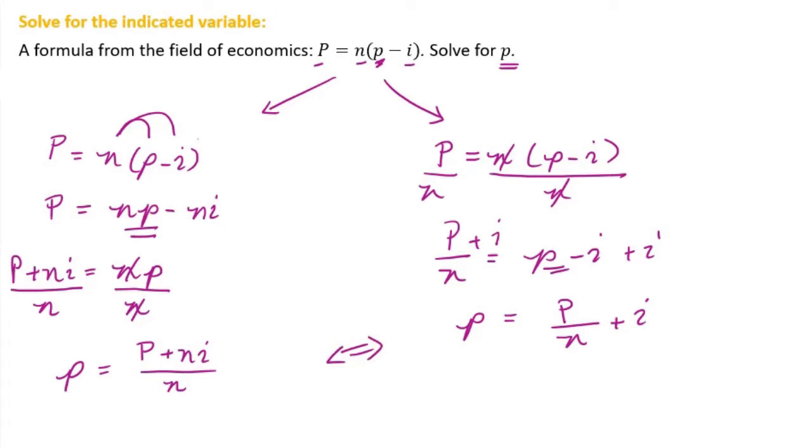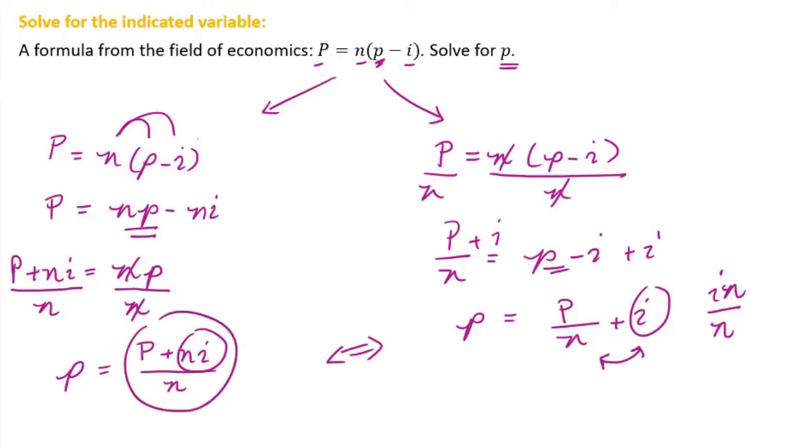I can think of adding these two fractions. To add the two fractions, they need a common denominator, so I'd have to turn I into a fraction over n, which I would do by rewriting I as nI over n, or nI if I want to make it match what's on the left-hand side exactly, and then add those two.